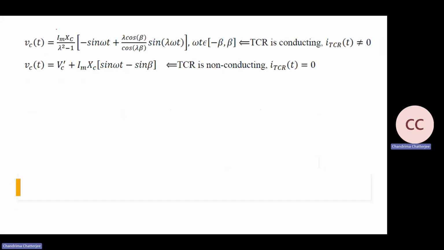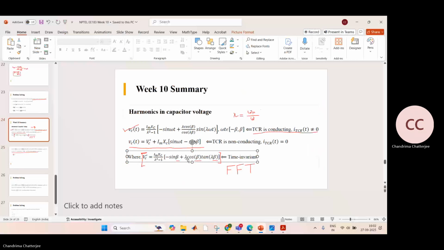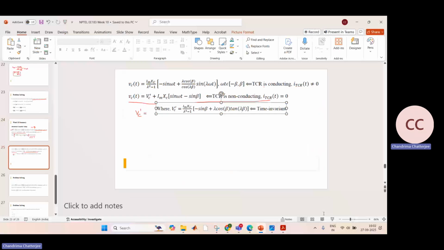And what is VC dash? VC dash was also given. VC dash is equal to this one. So this is the expression of VC dash, right?